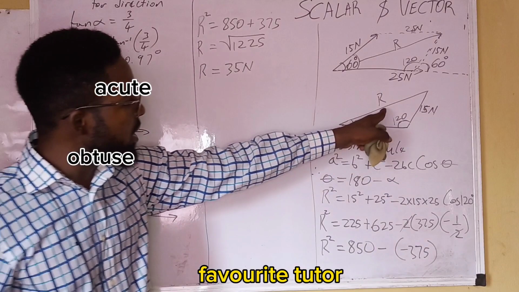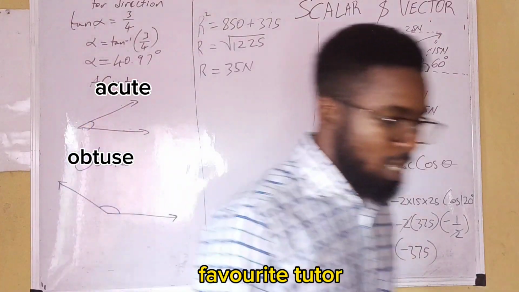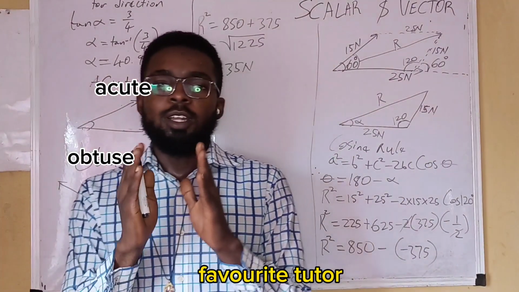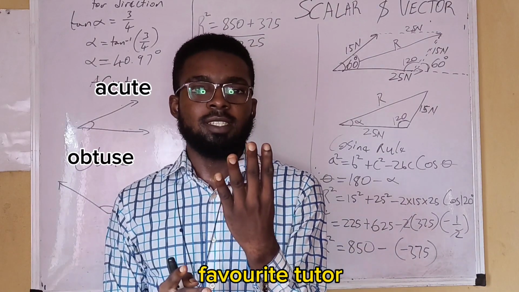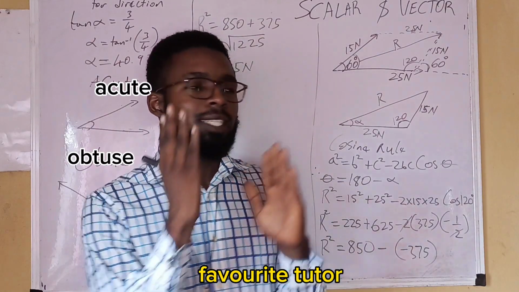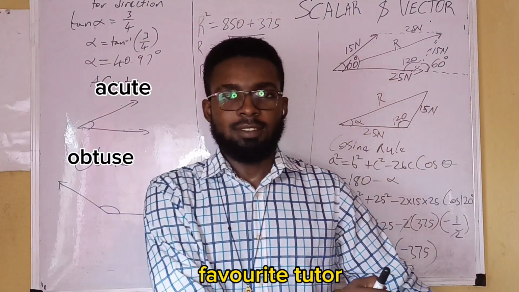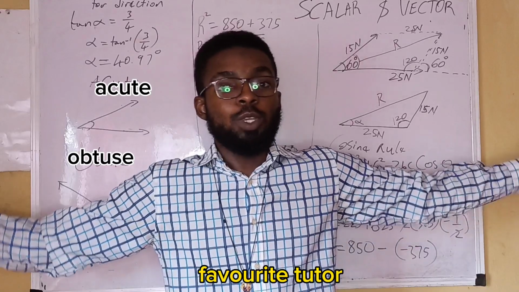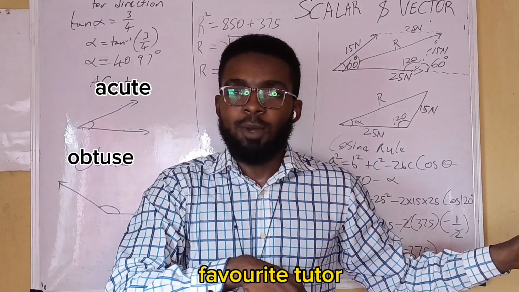This is the resultant of the vectors. Now, please take note of this. We just discussed 4 cases. In the first case, vectors acting in the same direction, we add. While vectors acting in opposite directions, we subtract the smaller one from the bigger one.